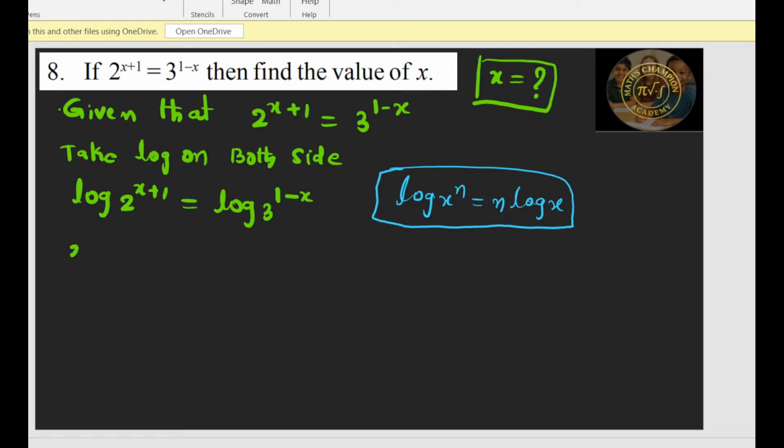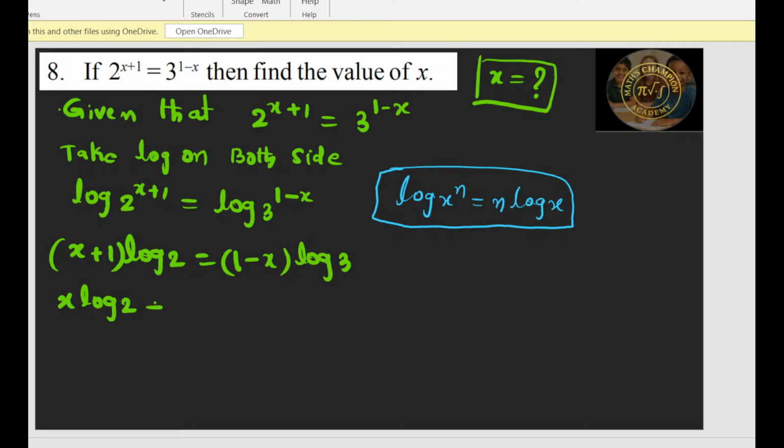It will become x plus 1 log 2 is equal to 1 minus x log 3. Now again we can write this one, x into log 2 plus log 2 is equal to log 3 minus x log 3.